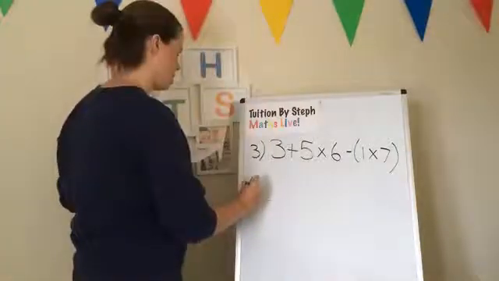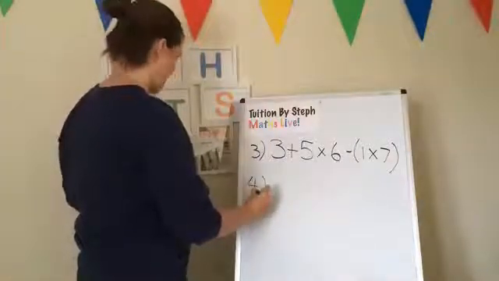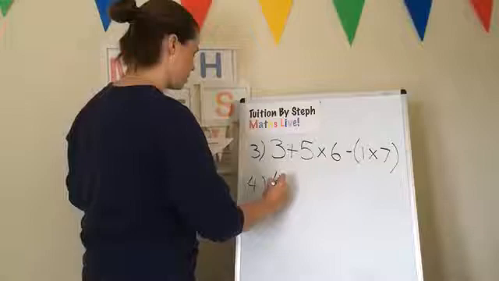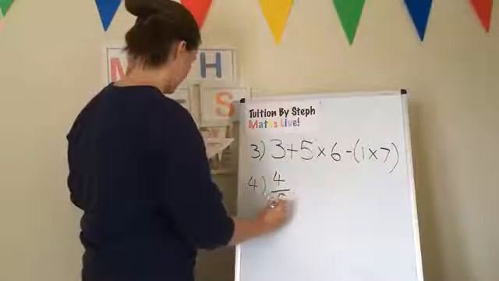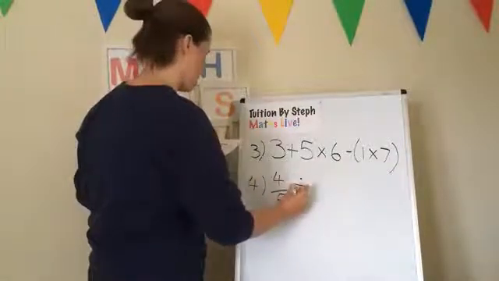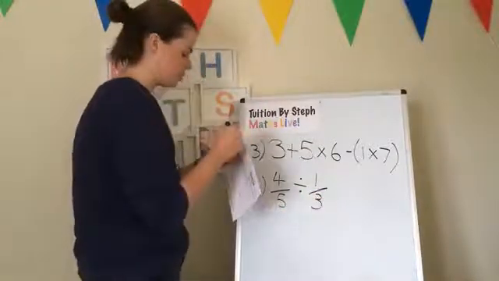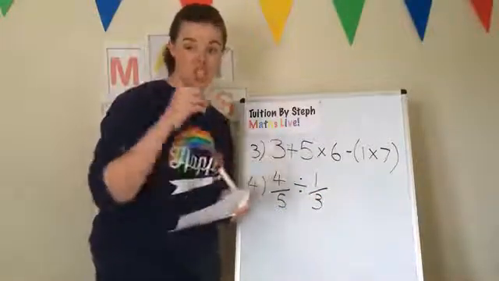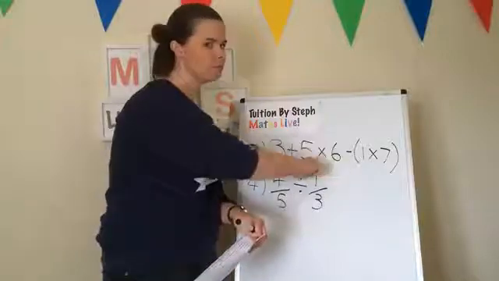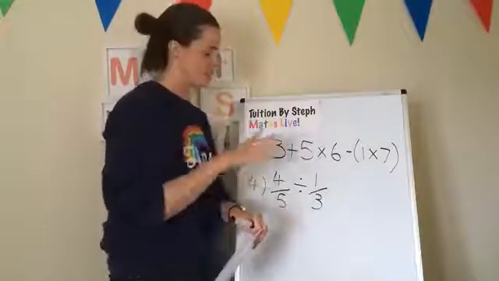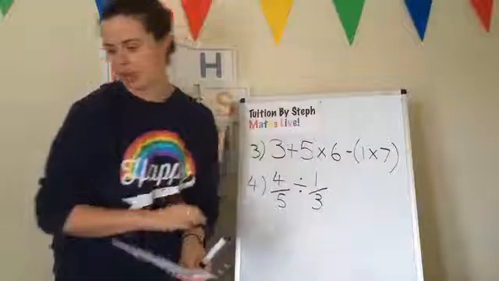Okay, that's question 3. And question 4 is 4/5 divided by 1/3. If you've already done it, check it, especially this one. Okay. If you haven't had a go, have a go now.